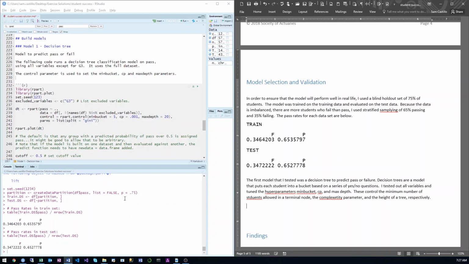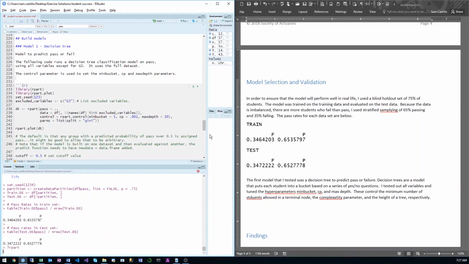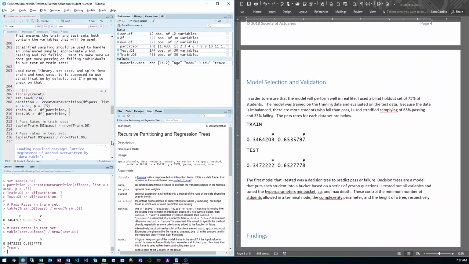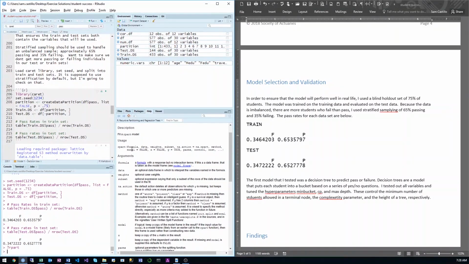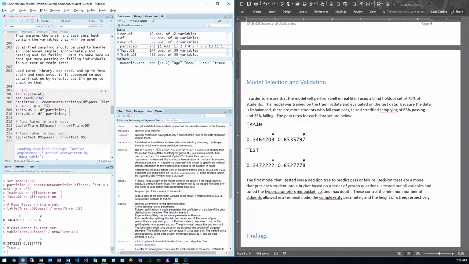If you just didn't remember what these were, you could just type ?rpart into the console to find the documentation. And then you would see all of these options. rpart takes all of these things.